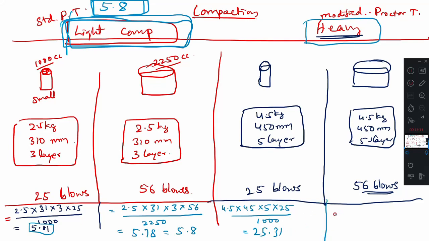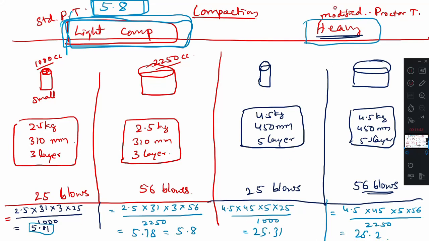Then the same answer we have to get here: 4.5 kg, 45 centimeter, 5 layers, 56 blows divided by 2250. Here also you are getting 25.2 something.